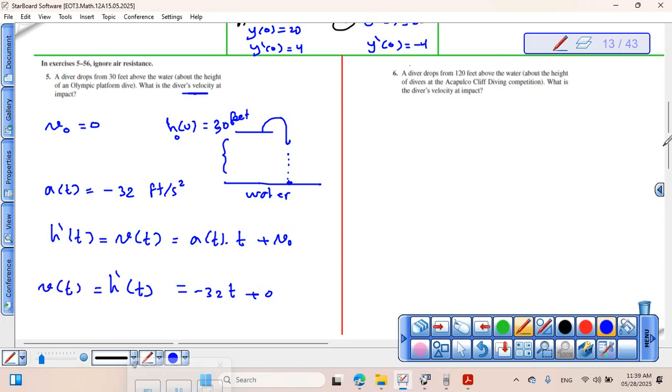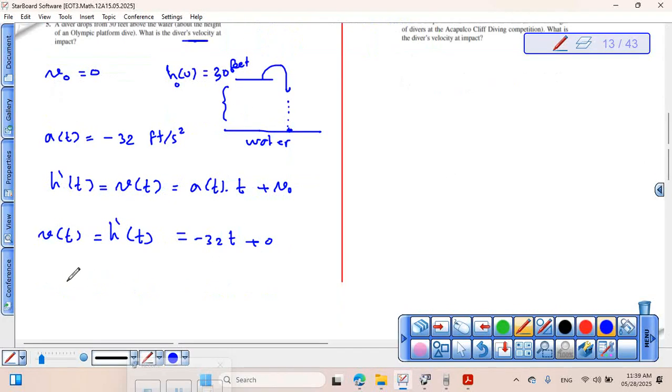But we also need the height. The height at any time equals one half a of t times t squared plus v null at t plus h null.